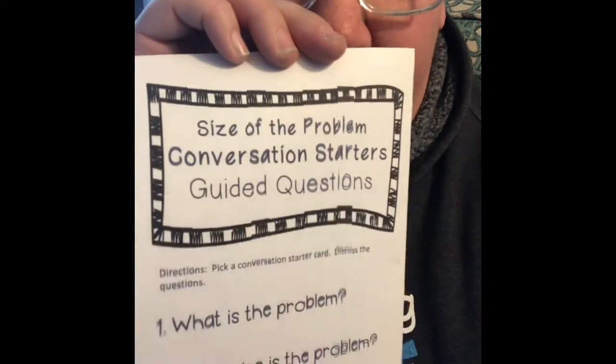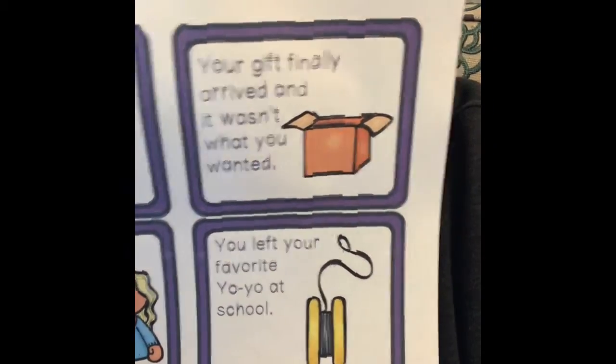Today, parents, you're going to use the document SOP conversation cards to support this activity. You do not need to print it. This activity does not require printing, but you can if you would like. One of the first pages looks like this: some guiding questions, and then it has these cards.